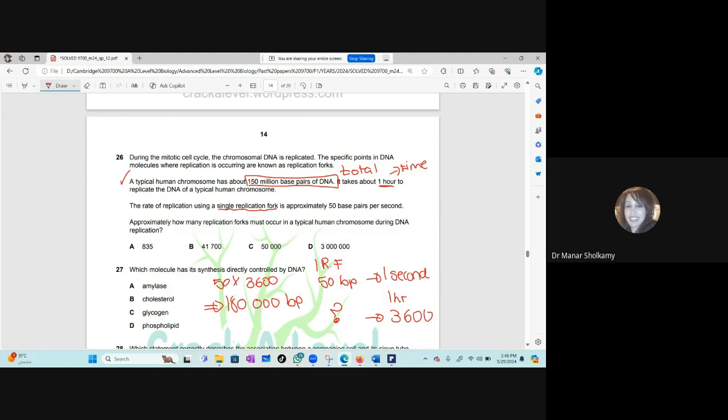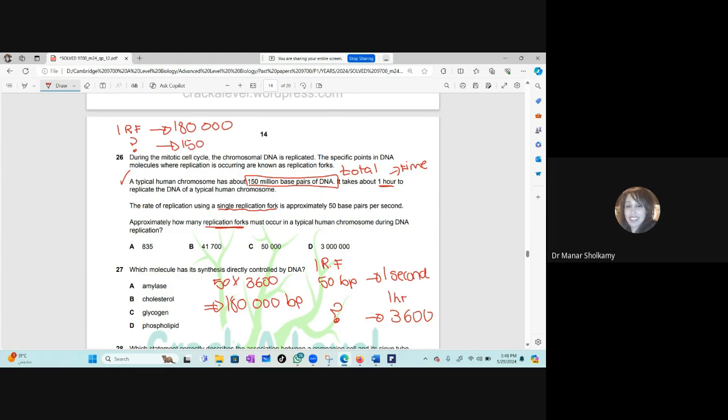Now the question is, how many replication forks must occur in a typical human chromosome during DNA replication? So let me write this down here. We need one replication fork to replicate 180,000 base pairs in 1 hour. How many replication forks do we need to replicate the total number of base pairs, which is 150 million?